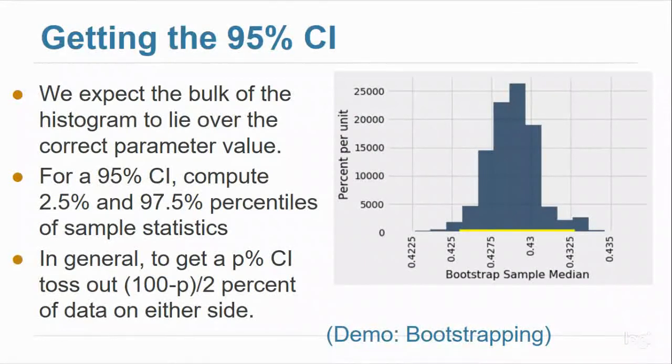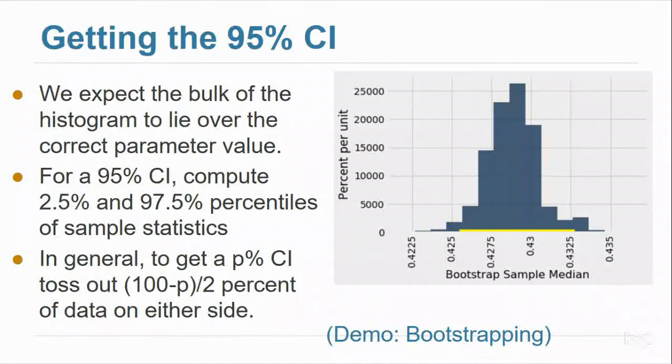Okay, how do we use these 10,000 resampled statistics to compute a 95% confidence interval for the parameter that we're interested in? Well, we expect the bulk of the histogram to lie over the correct parameter value. For a 95% confidence interval, we'll split the missing 5% into 2.5% and 97.5% percentiles.